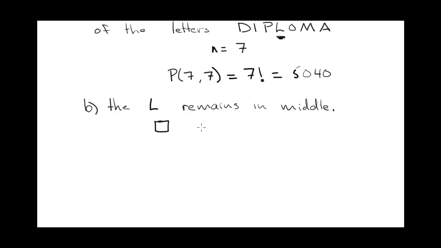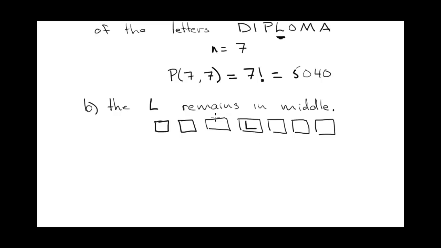So we have 7 positions that need to be filled in. And the L has to be here. So I can't just go straight permutation. What I'll do is I'll think about fundamental counting principle. I'll think about placing these letters. Since I know the L has to go here, I'm going to place that first.